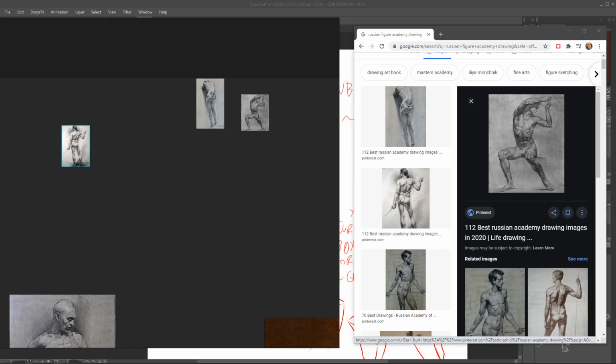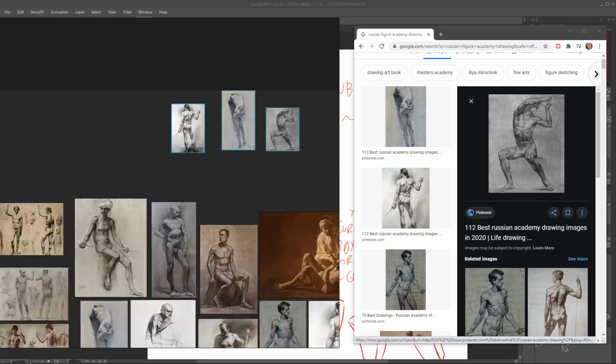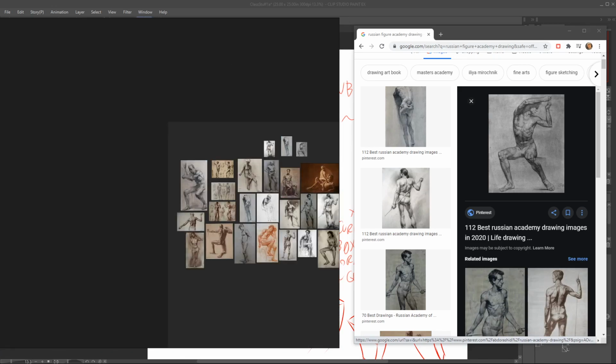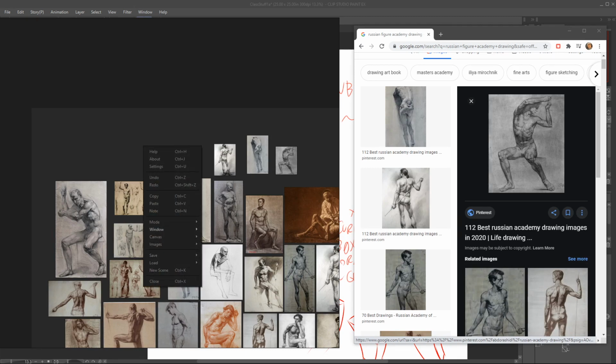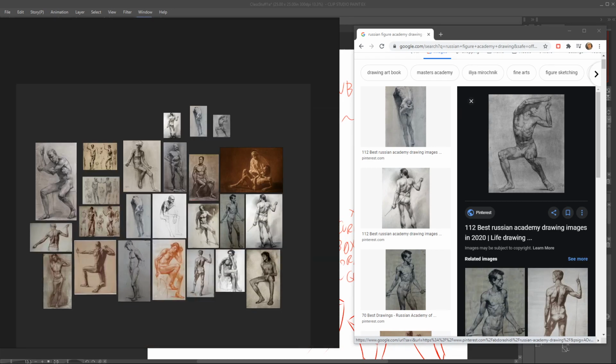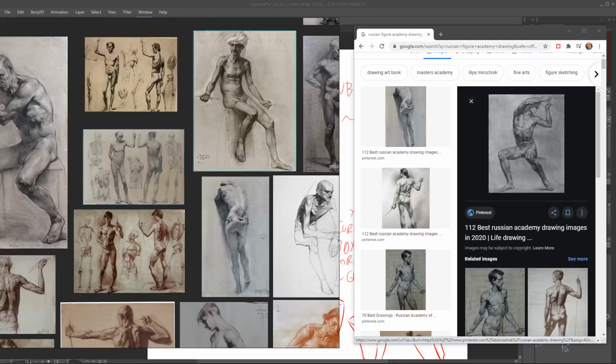And then select those, resize them as I need, and so on. And you can also export the image itself. Where's export? Well, it's in there somewhere, but yeah, you can export the image and print out the whole thing. Also, you can center in on images with spacebar like that.